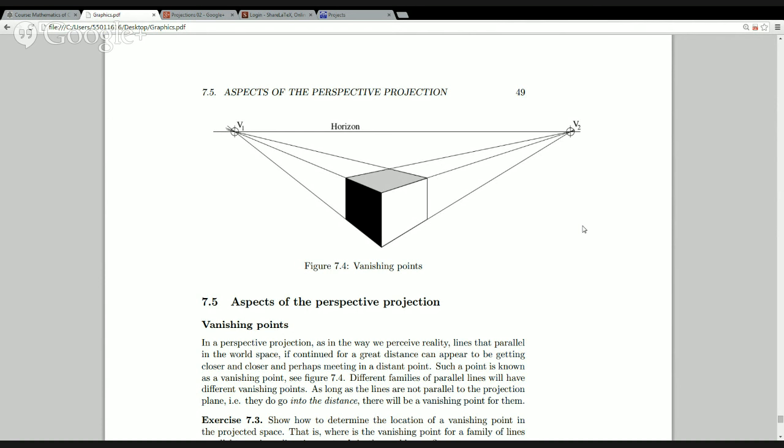Parallel to the xy plane. So that means there won't be a vanishing point. Okay. Because those lines, under the perspective projection, will always be the same distance apart, because they'll be lines that are running parallel to the xy plane.